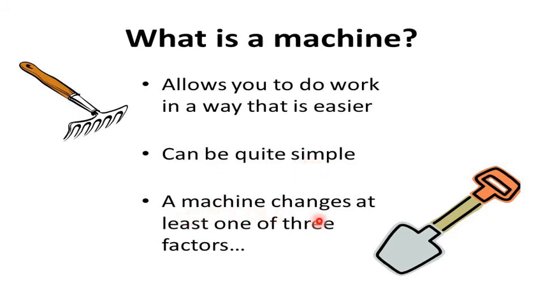A machine changes at least one of the three factors. Do you know how many factors there are in the machines? Here it is written that there are three factors, so you can observe these three factors in these diagrams. Now we would learn about them in detail. We must keep this in mind, that a machine is something that makes our work easier, no matter what it is.